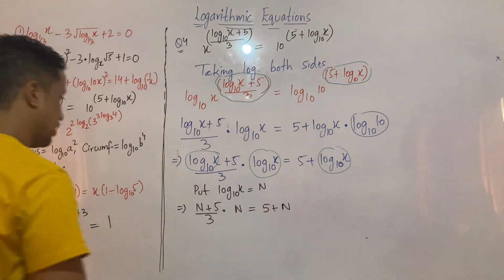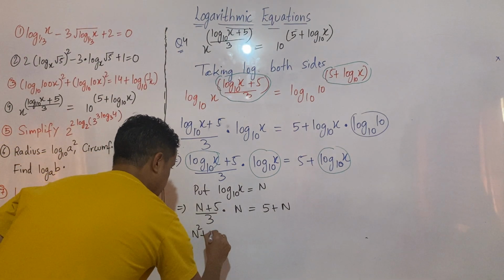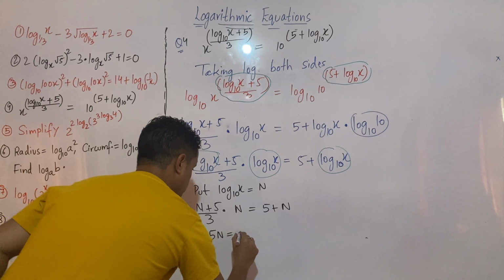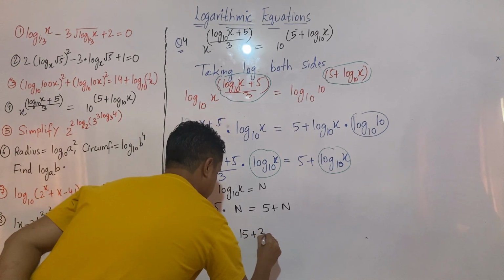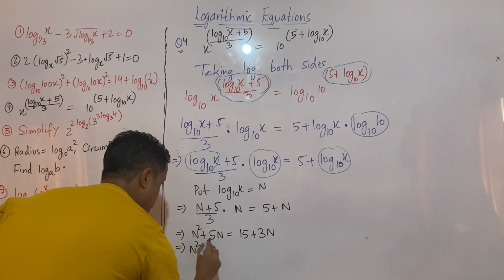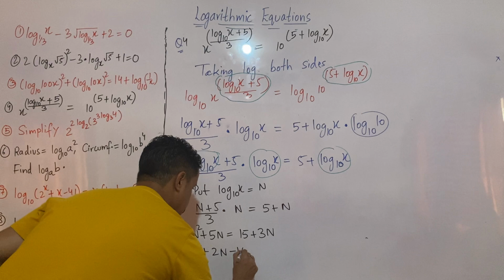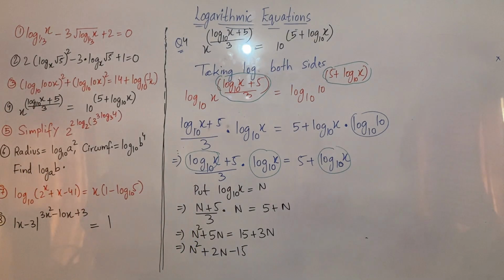So this thing is going to be n square plus 5n equal to 15 plus 3n, and it's going to be n square plus 2n minus 15 equal to 0. Am I right?